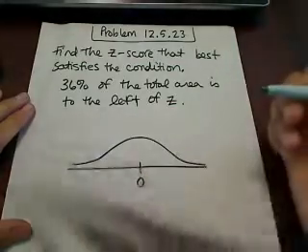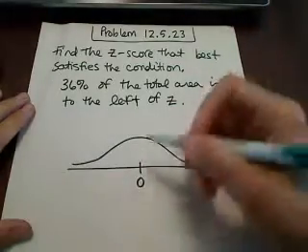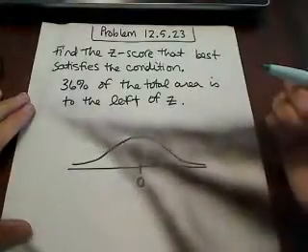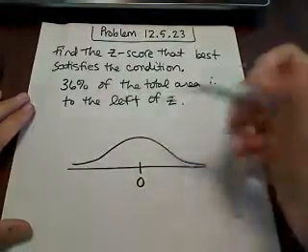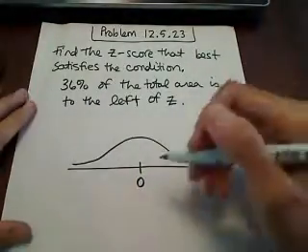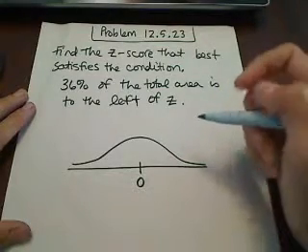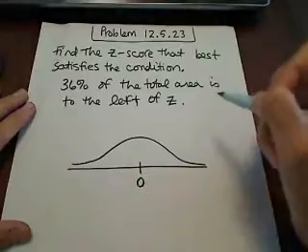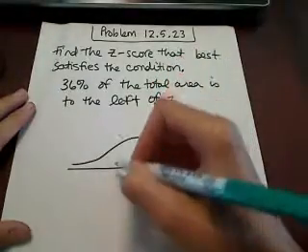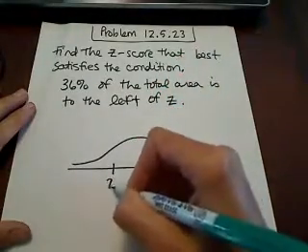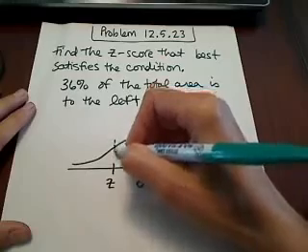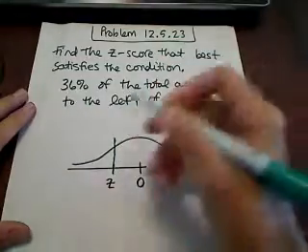So let's just work with the standard curve here. I'm going to be talking about a z-value of 0 here, and we're looking for the situation where 36% of the total area is to the left of z. So I'm going to give myself a z right here, and I don't know what that z is. That's what I'm trying to find.